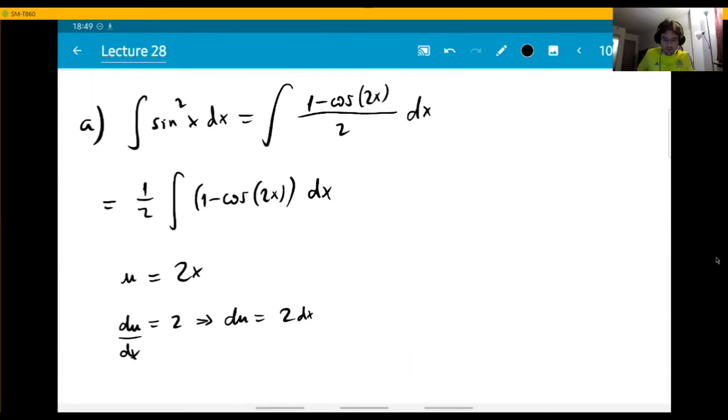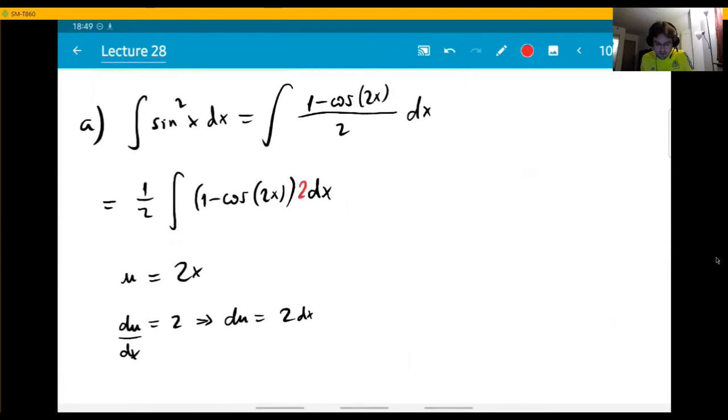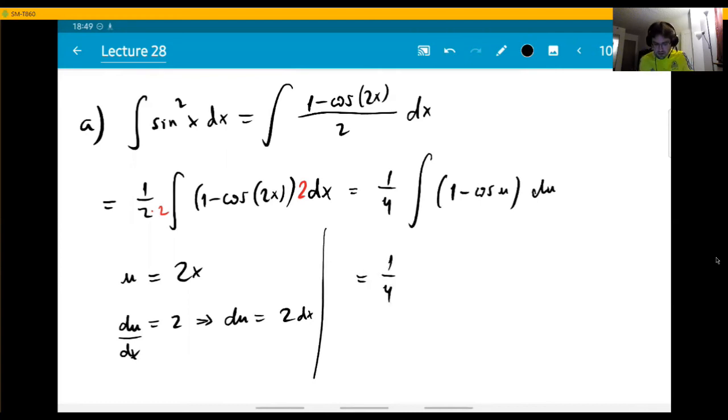So how do we do this? There is no 2 dx in the integral, so I'm going to make it appear and divide by another 2 outside. So the integral becomes 1 over 4, integral of 1 minus cosine u du. The integral of 1 is u.